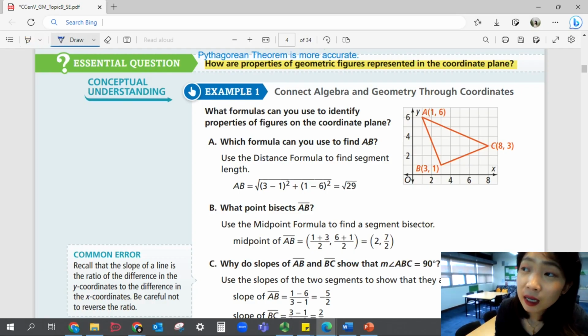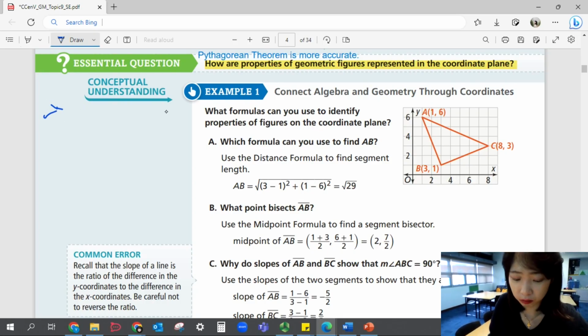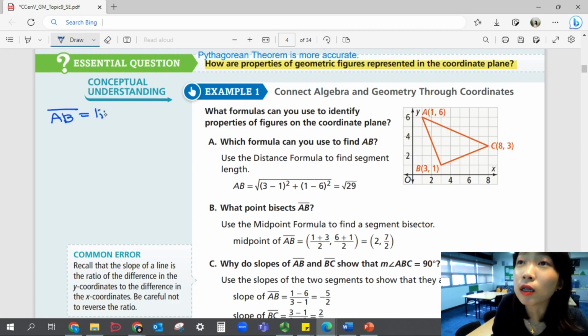So when they say AB without the line on top, that means the length of line AB, excuse me. So if you have a line AB, that is called line AB, okay?